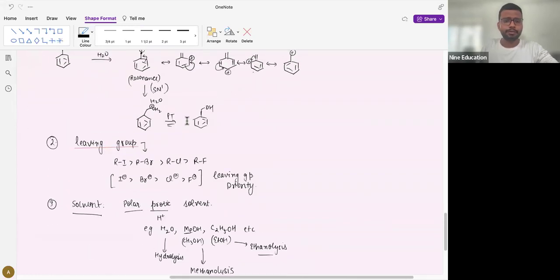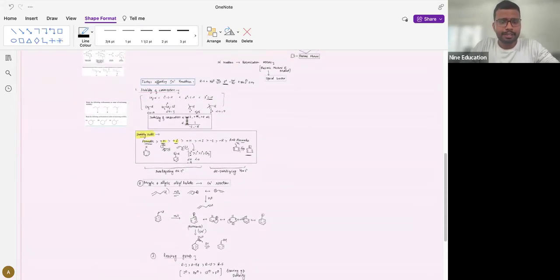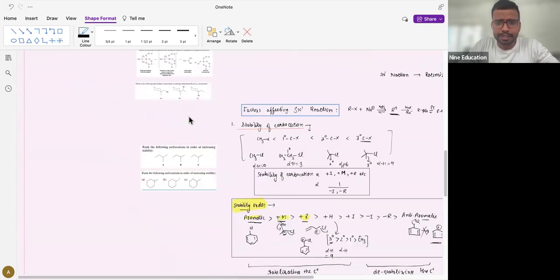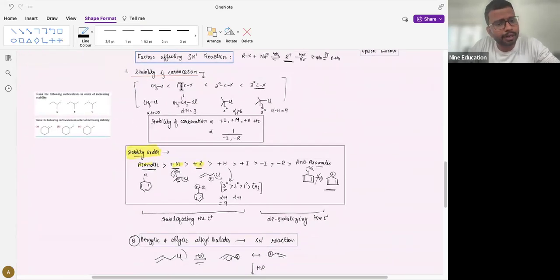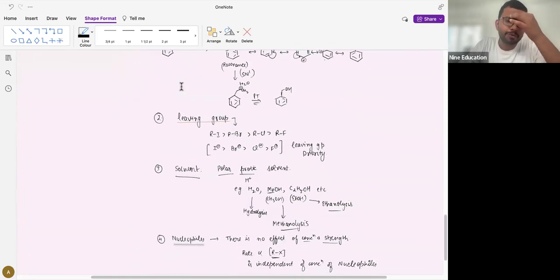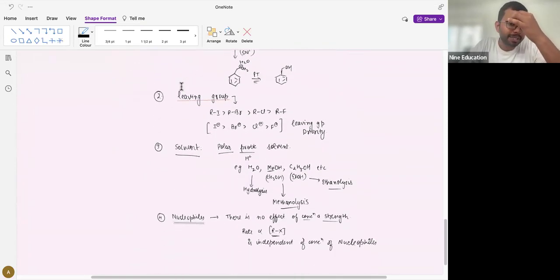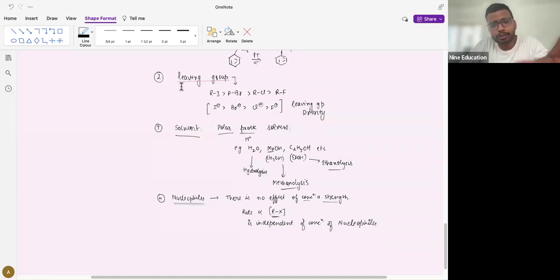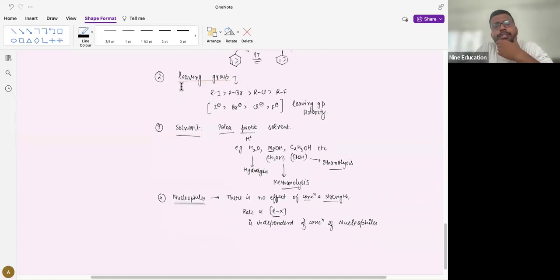चलो. So these four are our factors which are affecting SN1 reaction. First factor was stability of carbocation. Second factor is the leaving group, which leaving group will leave fast. Third factor, that we should have a polar protic solvent. Fourth factor is nucleophile.